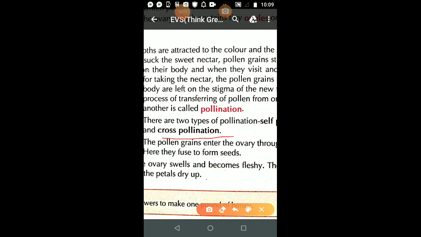Now the question arises, students, how is this pollination possible? What are the agents of this pollination?